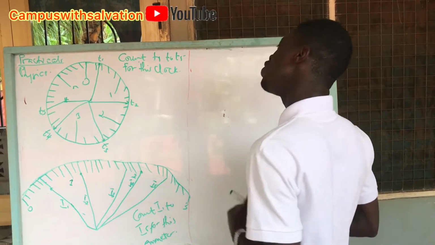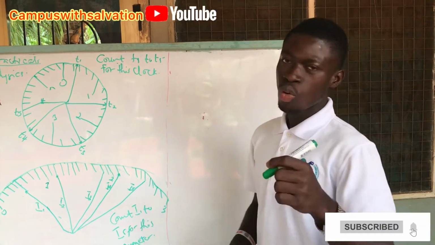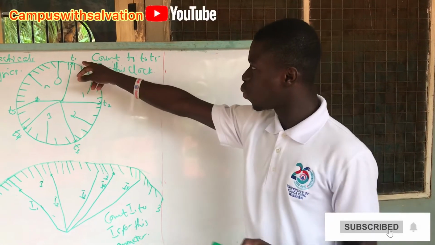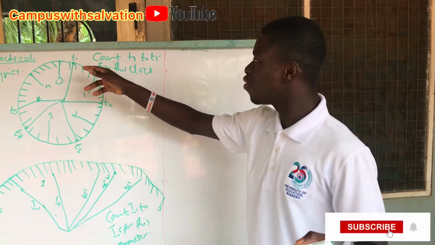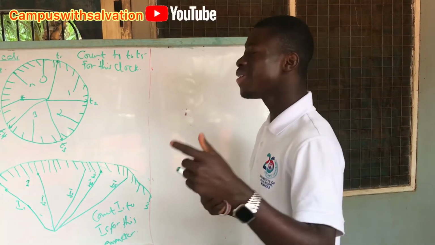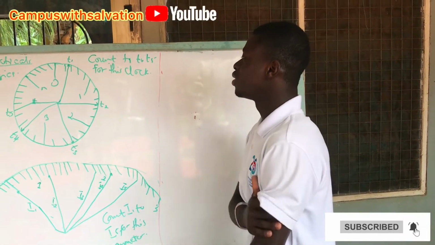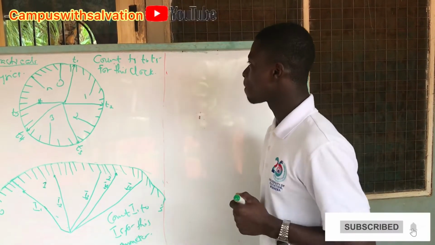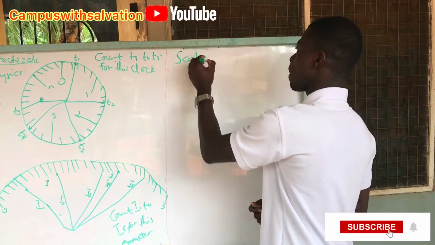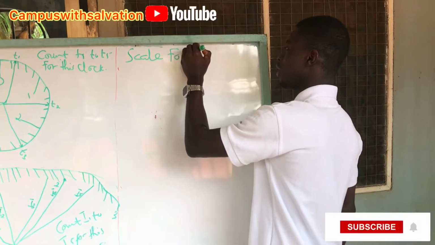Before you even start, you need to get your scale, and after getting the scale for this clock, you will multiply each count, maybe if you calculate for T1, you multiply the value of T1 by the scale, so that the figure you get will be the actual value for T1. So let's get our scale for this clock.